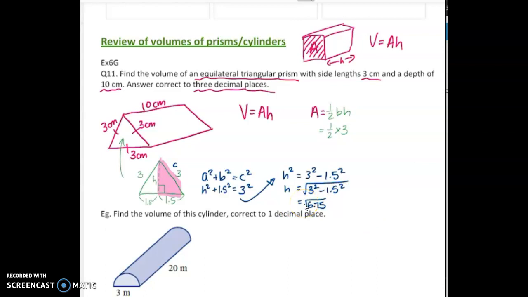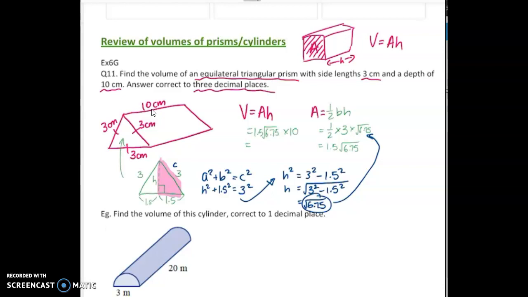So let's substitute that back into the area formula. So half times b times the square root of 6.75, that's 1.5 times the square root of 6.75. And that's the number that you'll be substituting into your volume formula. So the A is 1.5 times the square root of 6.75, times the height of the prism, which is 10.